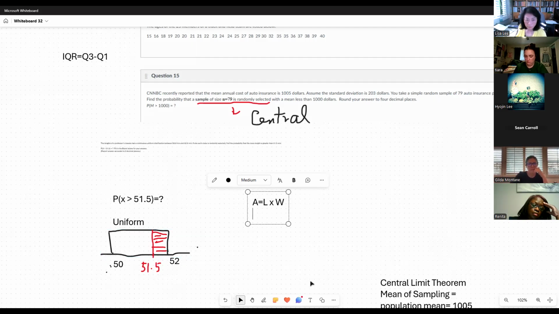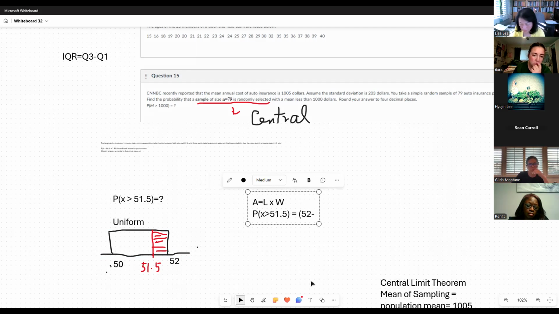So you just need to do what? The probability. So we can give the answer already. The probability of x greater than 51.5 is equal to the base length, 52 minus 51.5.